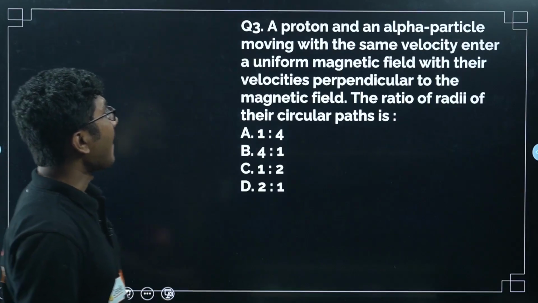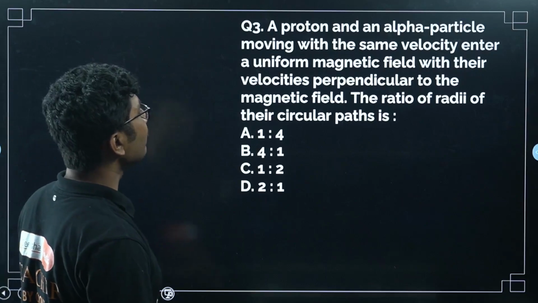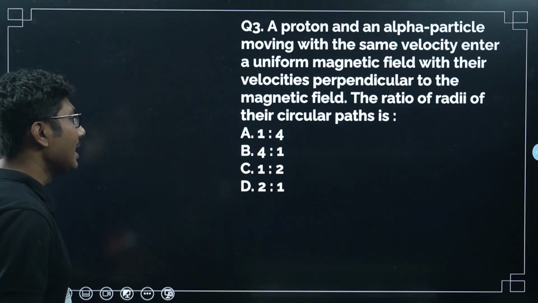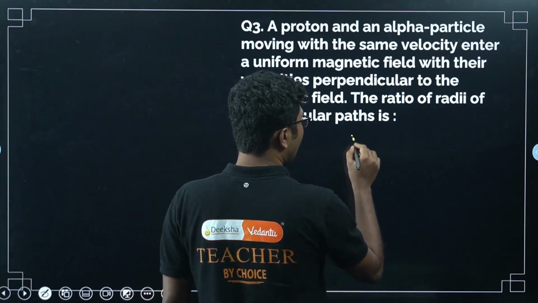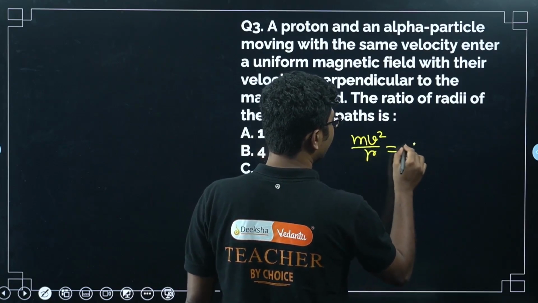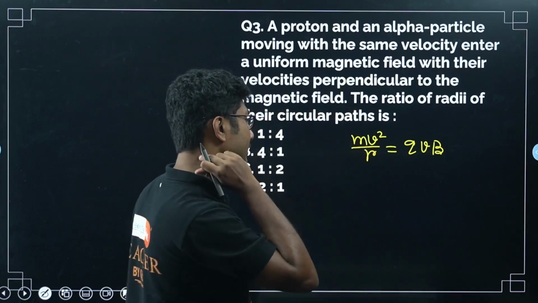Let's move on. A proton and an alpha particle moving with the same velocity enter a uniform magnetic field with their velocities perpendicular to the magnetic field. The ratio of radii, now we know that mv squared by r is equal to qvB. Why? This is the centripetal force required for circular motion.